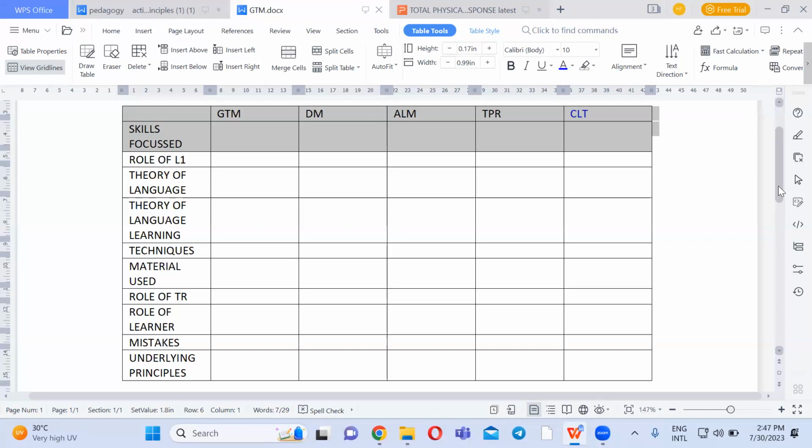Underlying principles, we don't discuss in GTM and DM. So it's a very good summary note for you. While reading your notes on different methods, you complete this grid and keep it with you for exam purposes. Okay?